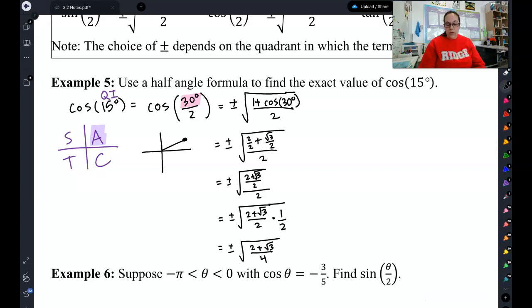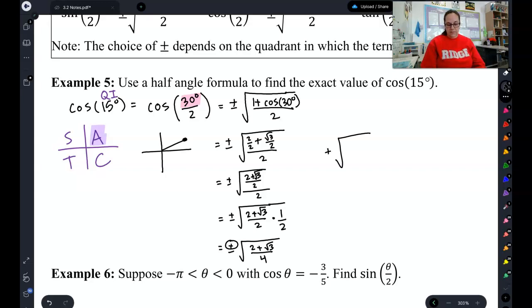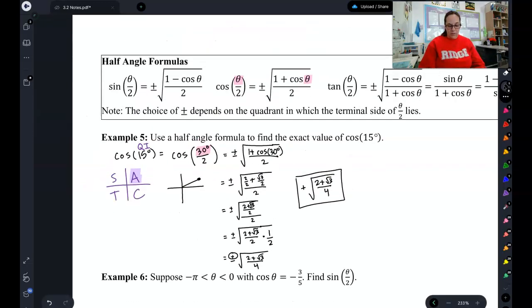And in quadrant 1, they are all positive, which means cosine will also be positive. So I'm going to pick to keep the plus of the plus and minus. And that's our answer. So that is how we use the half angle formulas.